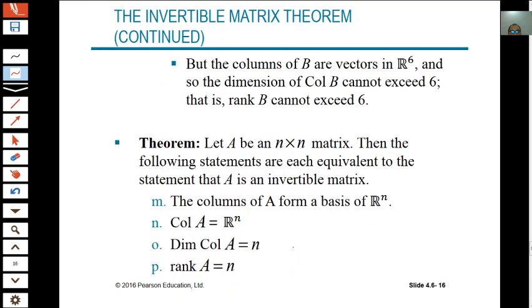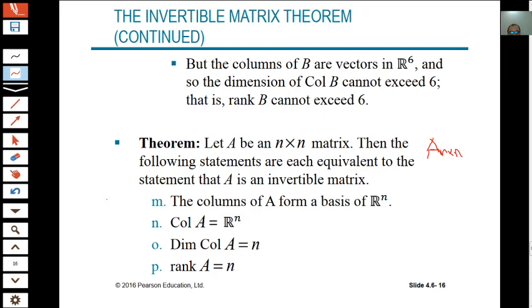And here we have an important theorem, which is the continuation of the invertible matrix theorem. A is an n by n matrix here. To talk about the inverse of a matrix, we should take square matrices. We should be interested in square matrices.